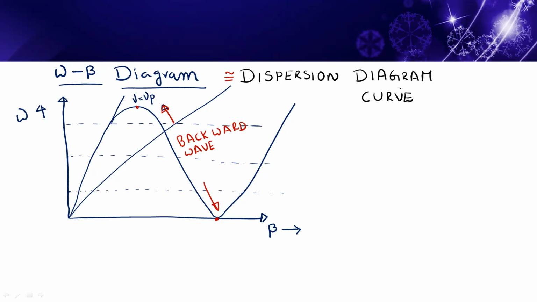In this dispersion diagram or curve, omega is the angular frequency and beta is the phase constant. The growth value of this RF wave has a group velocity that is associated in the backward direction. In the direction of this upward curve, the phase velocity and group velocity are considered positive. Let's take point B and point A.